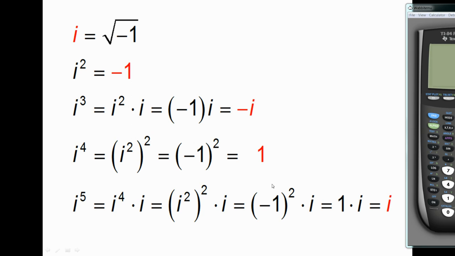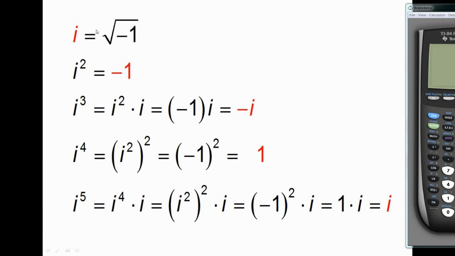Now, what's interesting about this: i to the fifth is the same thing as i to the first. i to the sixth would be the same thing as i to the second. i to the seventh would be the same as i to the third. i to the eighth would be the same as i to the fourth.